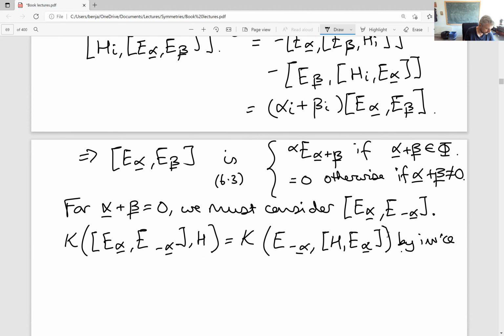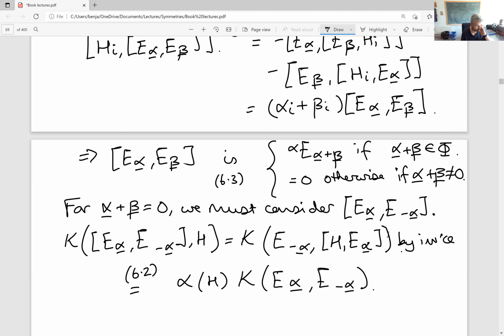And then 6.2 tells us that this is equal to alpha of H times kappa of E_alpha, E_minus alpha. And remember that this thing is non-zero according to property 4, which we've just proved.